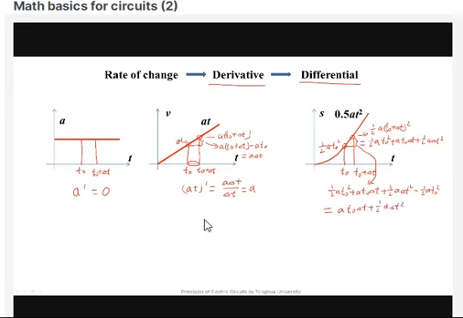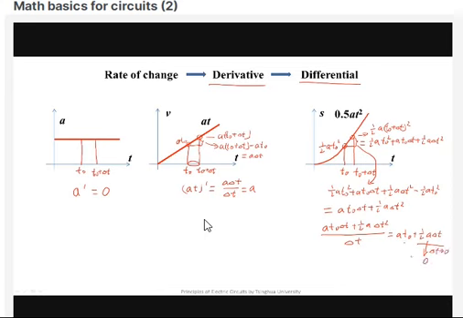The time rate of change at t equals t0 is... when delta t becomes smaller, this part becomes smaller too. When delta t tends to 0, this part tends to 0 too.